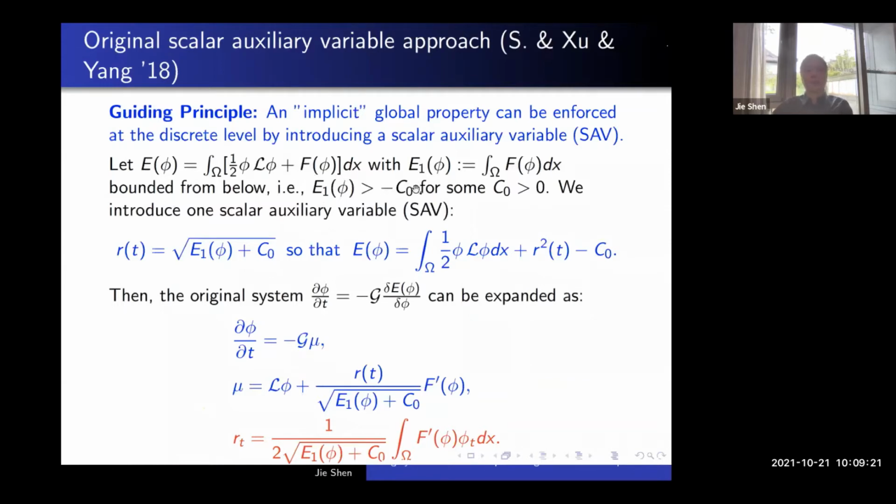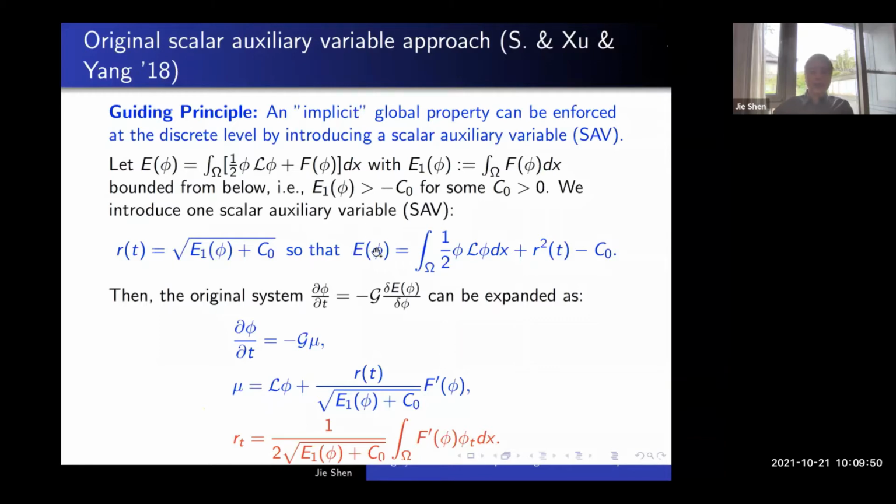Usually this condition is satisfied, and then we can introduce one SAV, which is just a function of time. We denote by R(t) the square root of this E1 plus a constant C0, so that the term under the square root is always positive, so it's well defined.